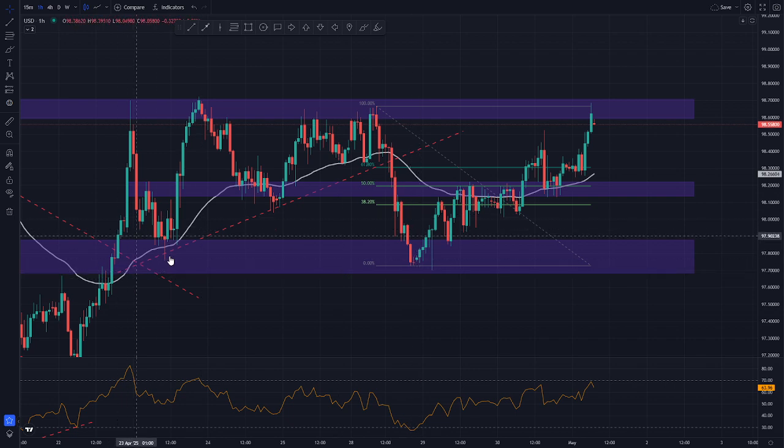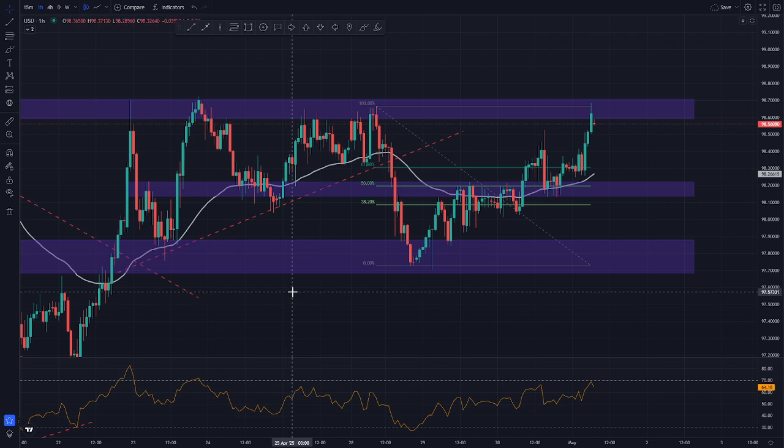Then it has been range trading between this level of support and resistance. Coming to this particular one, we can say the price is bullish at this price action of the USD index. The equally weighted index on the 1 hour chart is bullish at this point. So we can establish that in the 4 hourly and in the 1 hourly, the USD is bullish.